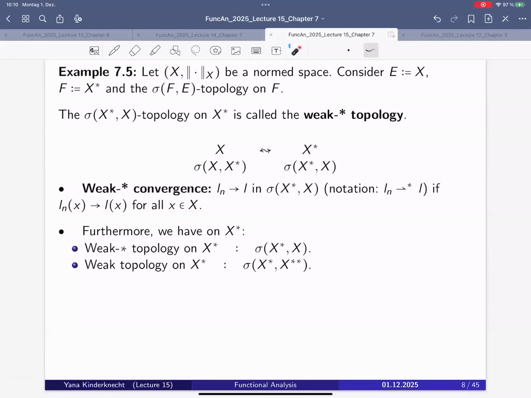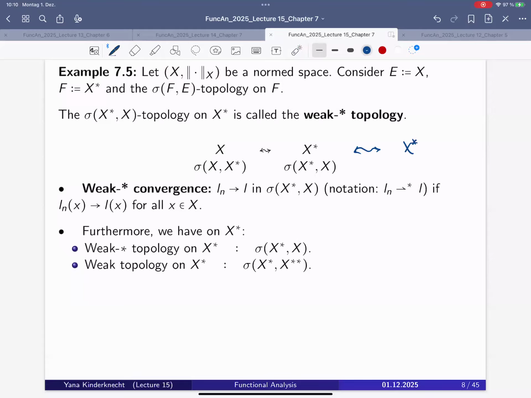Okay, so now a little step forward. On one hand, we have this weak star topology, which is in this picture in the right-hand side and below, in the right lower corner. But on the other hand, this is a norm space, so it has its topological dual.